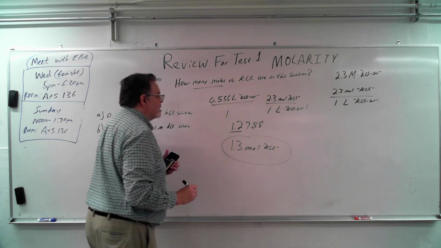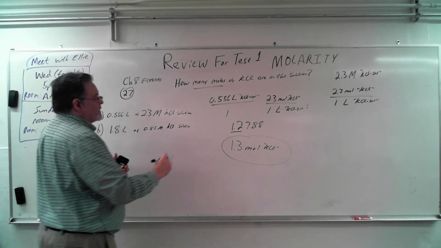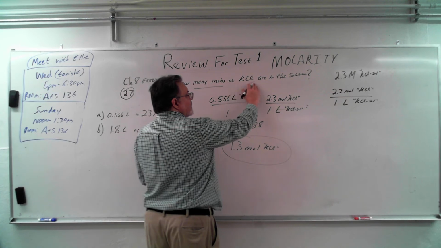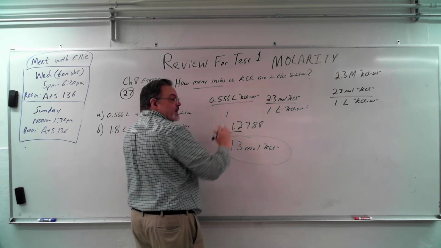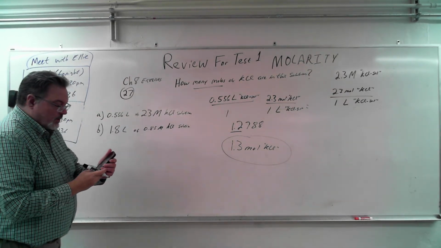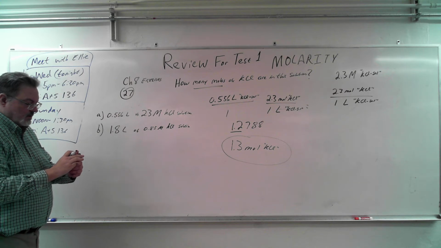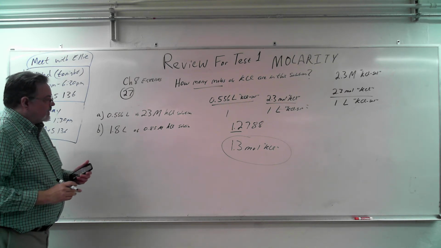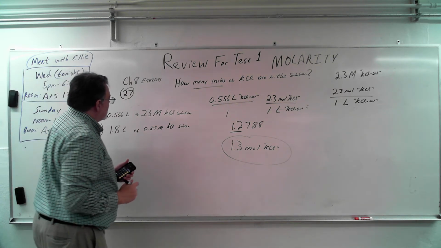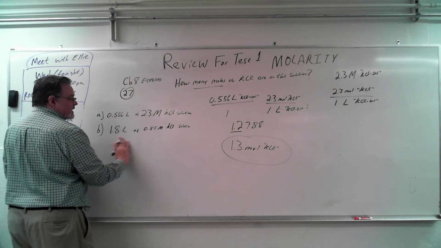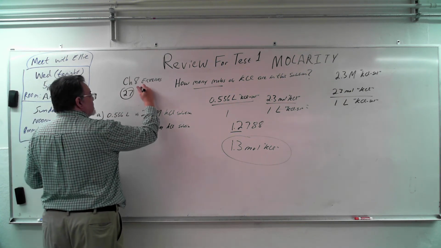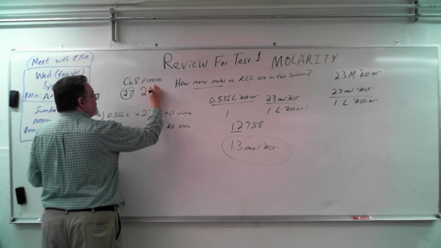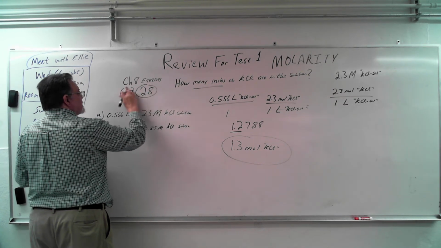There's your answer. You notice grams are not mentioned. That's why we're not looking for the grams per mole here for KCl. It's only when grams comes up that you need it. All right, let's just go to 28. This one would be done exactly the same way. Let's go to 28, because this one brings up grams.